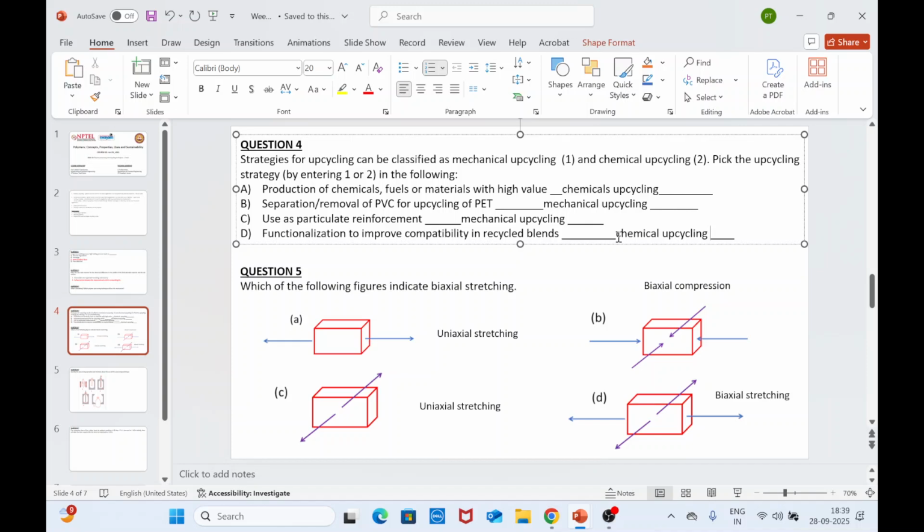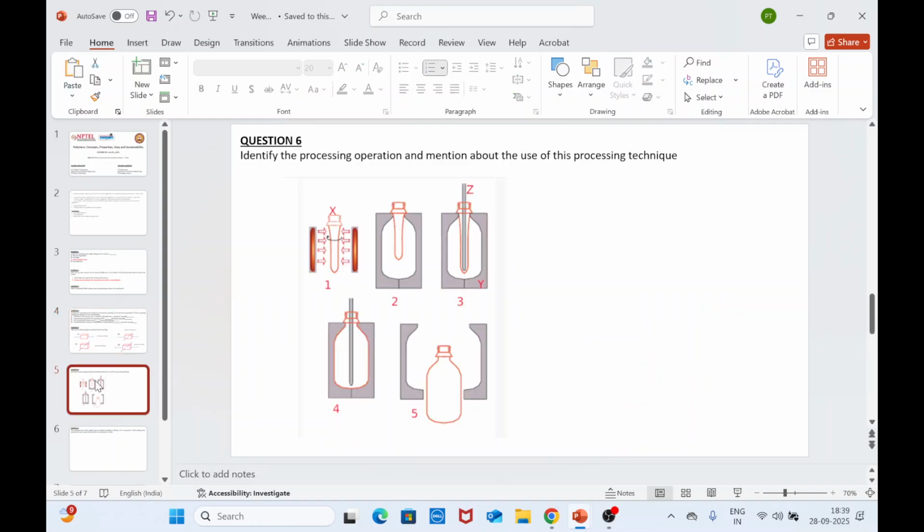Again, this question is the same as what you get in your week 10 practice assignment, so that's what I've given it here. Next, let us move on to question 6. Identify the processing operation and mention the use of this processing equipment, like what kind of product you manufacture out of these processing techniques.